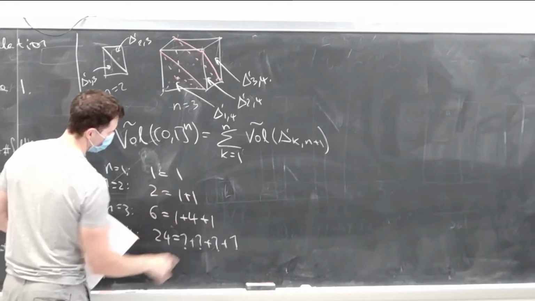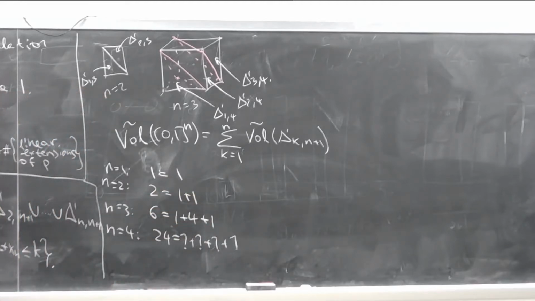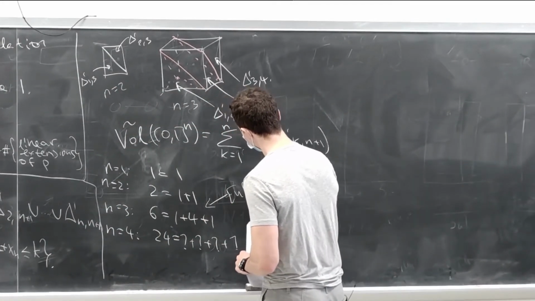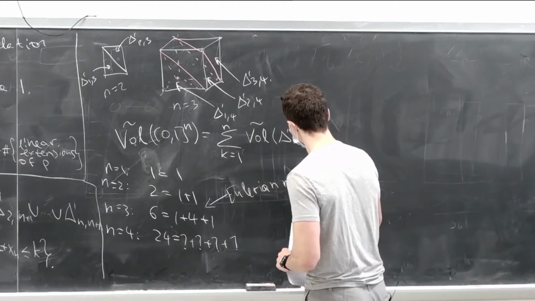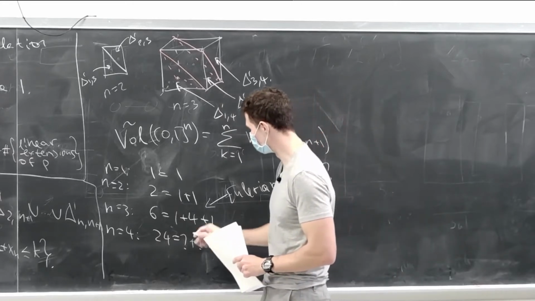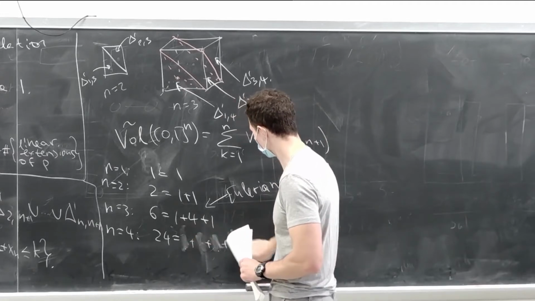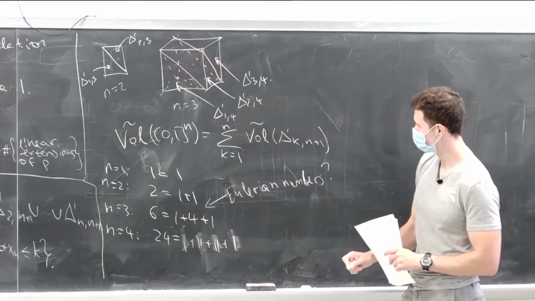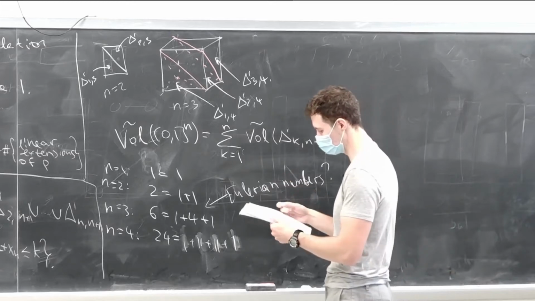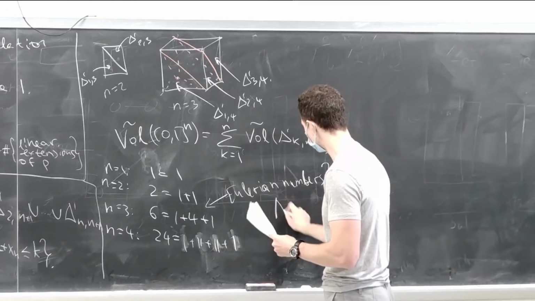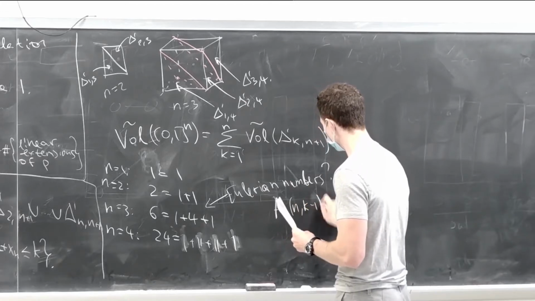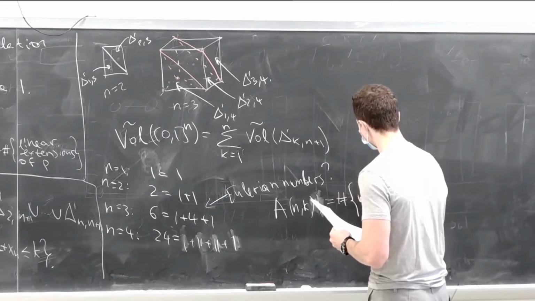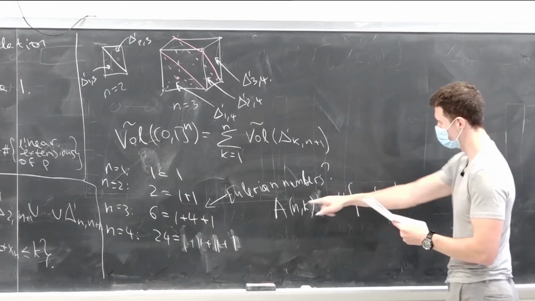So this triangle of numbers starts the same way as the triangle of Eulerian numbers, which in this case would give you 1, 1 1, 1 1, and 1, etc. And remember, each Eulerian number A(n, k) is the number of permutations w in S_n which have exactly k descents.